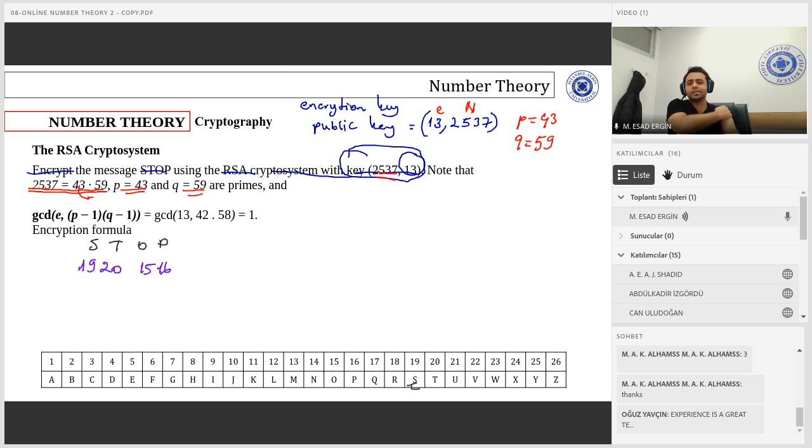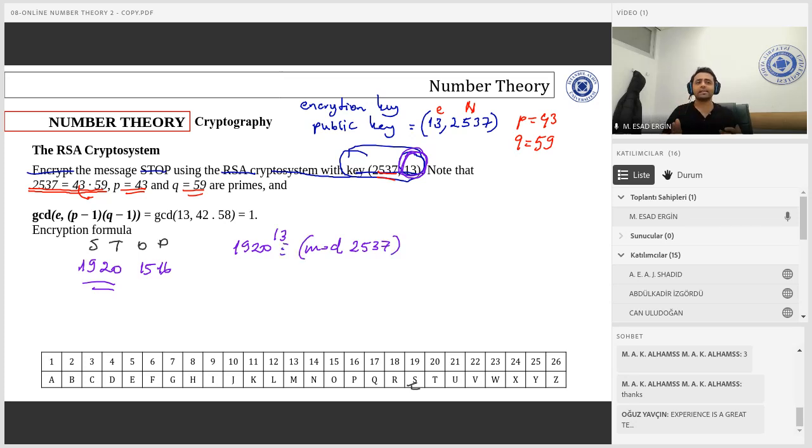Now, for the first one, S, it uses 19 and 20 to the power of our public key, which is 13, in modulo our n, which is 2537.